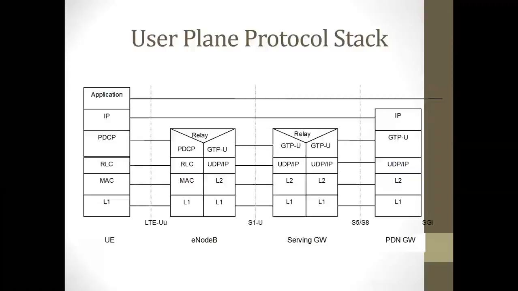In uplink, the UE is the transmitter and the node on the network side is the receiver. The downlink is the other way around. But this layering remains the same, so we can just show them on the two sides for either uplink or downlink.